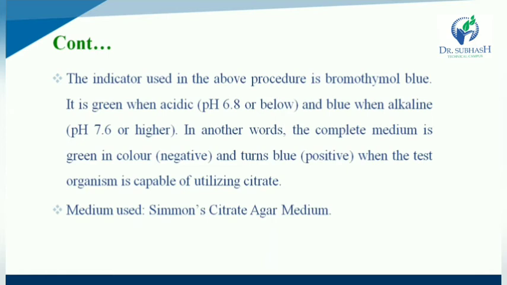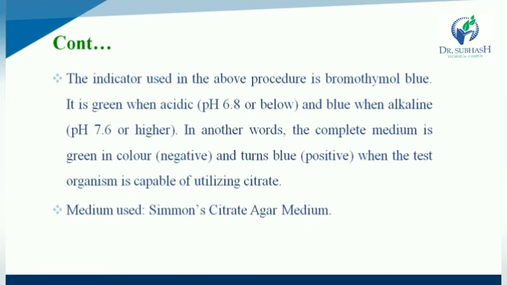The indicator is bromothymol blue. When the medium is green, that means acidic pH, about 6.8 or below, and when the pH is alkaline, it is blue, about 7.6 or higher.